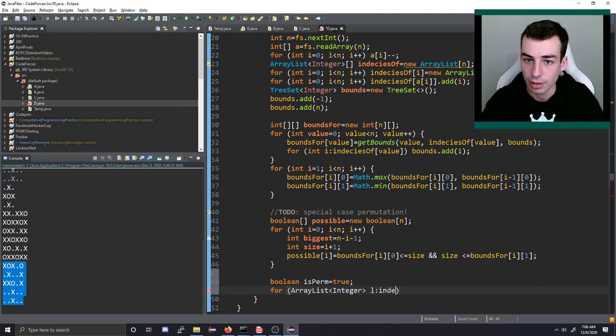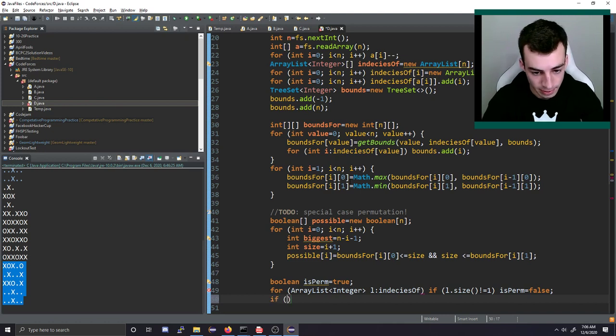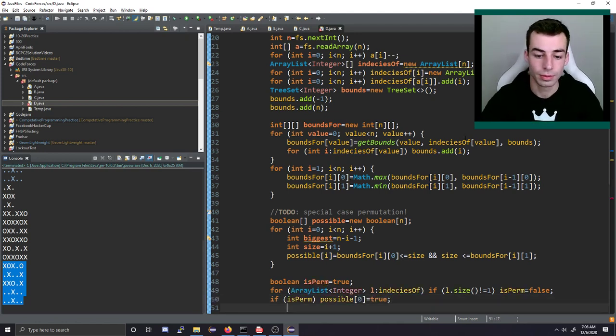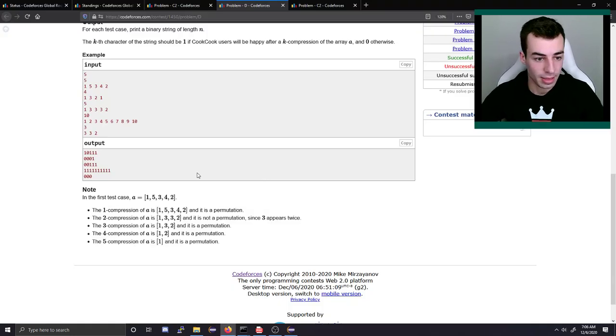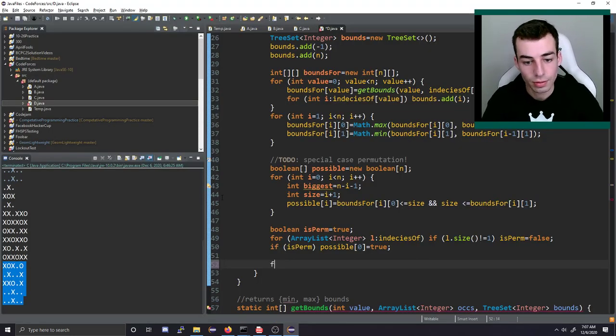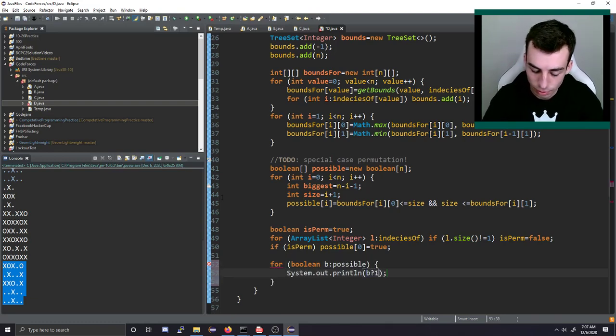Array list of indices of l; if l dot size is not equal to 1, is perm is false. If perm, then possible 0 equals true, and then print these out. Okay, for possible 1, 0.